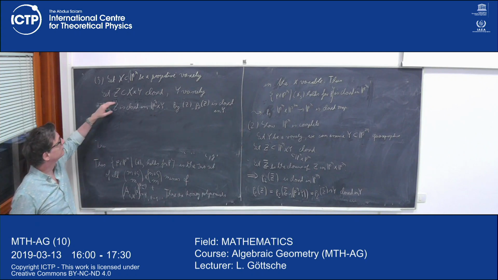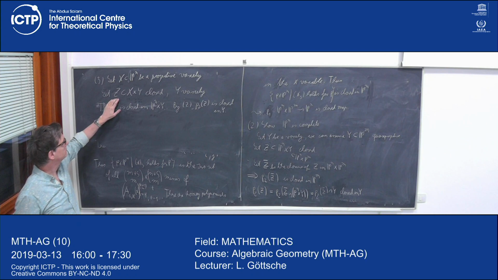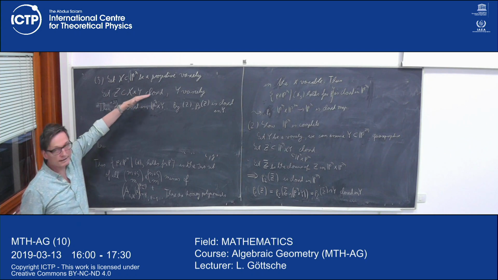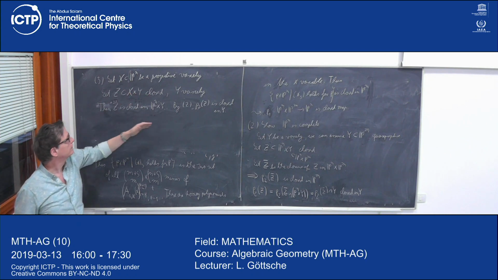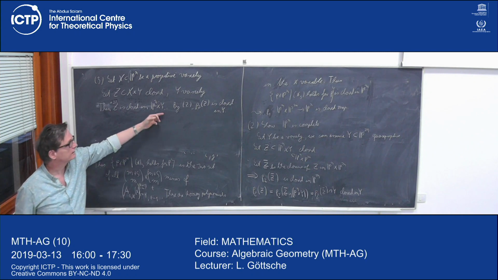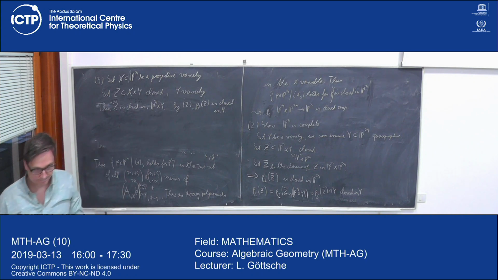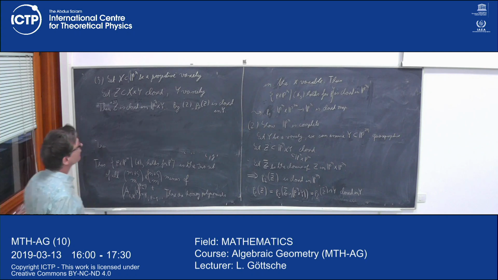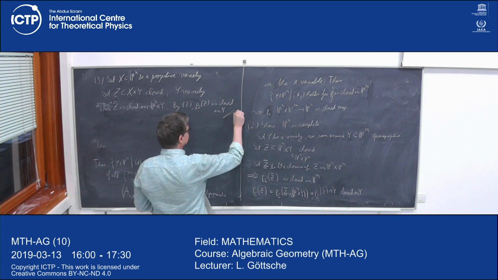We just have Z is closed in this, and this is closed in Pn times Y, and so we just apply the previous thing and it gives it without any effort. Okay, and so this proves the statement.